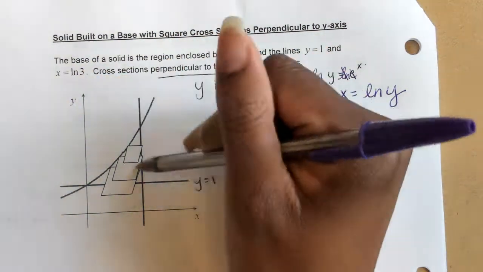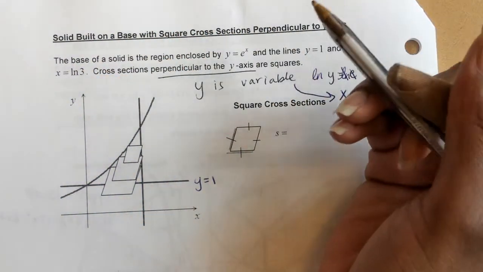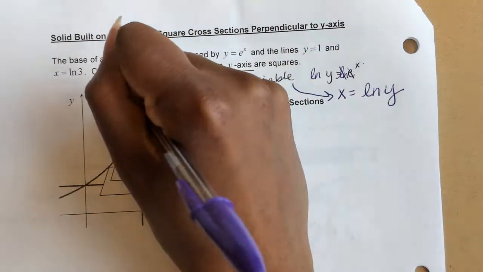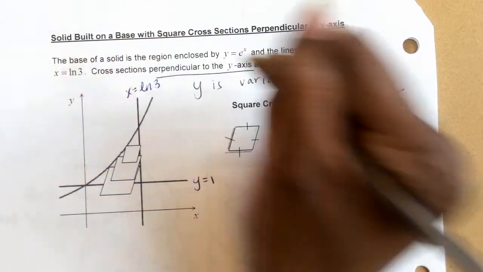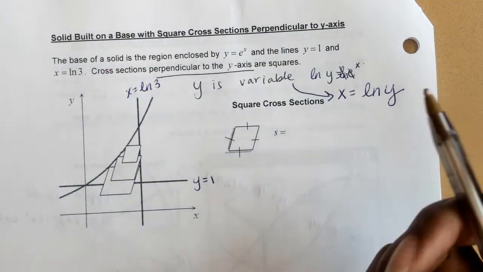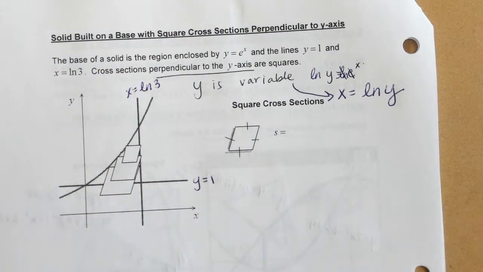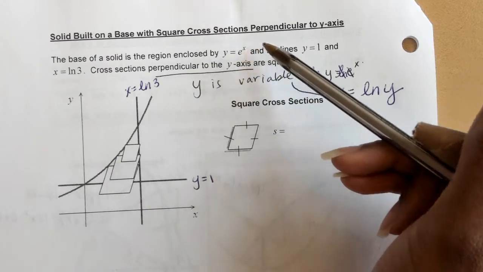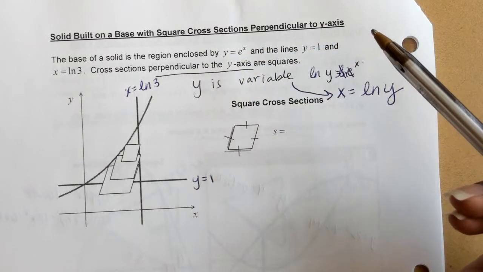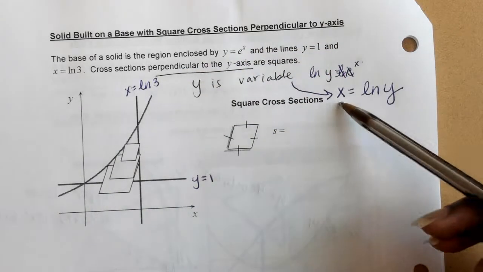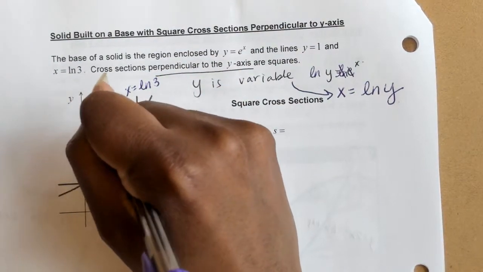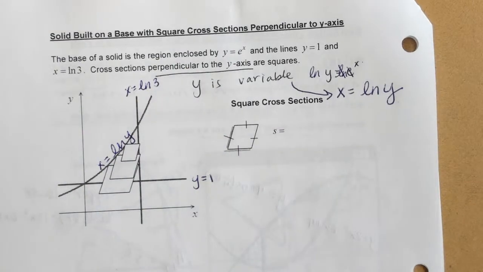So x equals ln 3. ln 3 is a value, it's a number, so it's going to be a straight vertical line. So this is x equals ln 3. And then the last line that we know is y equals e to the x, right, which we rewrote as x equals ln y. So we'll rewrite this as x equals ln y.